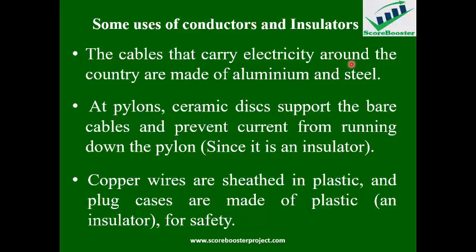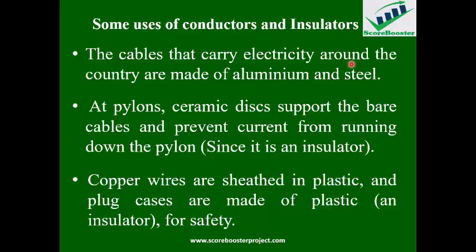some ceramic discs are used to support the wires. At the point where the wire passes over those poles, you see ceramic there. That ceramic is there because it disallows the passage of current.